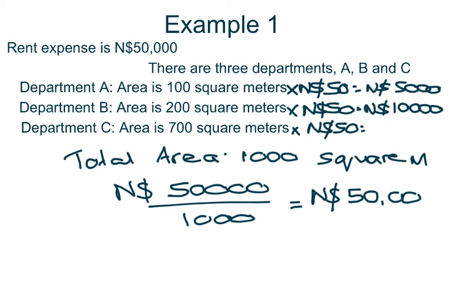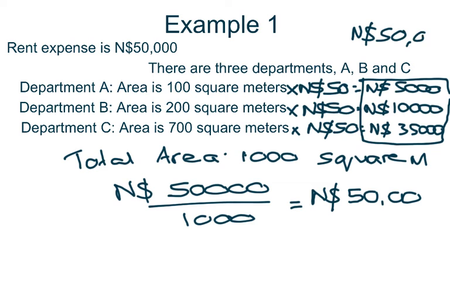And then the remaining amount, it's 700 times 50. I will allocate 35,000 towards Department C. So if I add up this total allocation, you will see it is 50,000. All right, so 50,000 is allocated to Department A for 5,000, Department B 10,000, Department C 35,000. So this is how you will allocate a rent expense. You will usually use your floor area.